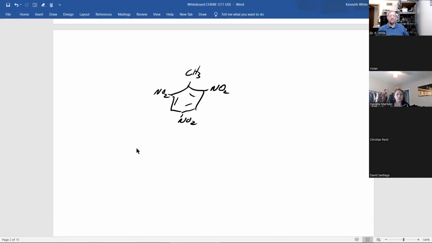What would be the IUPAC name for this? Methyl group on benzene ring, toluene. In organic chemistry, 2 is di, 3 is tri, NO2, trinitro.